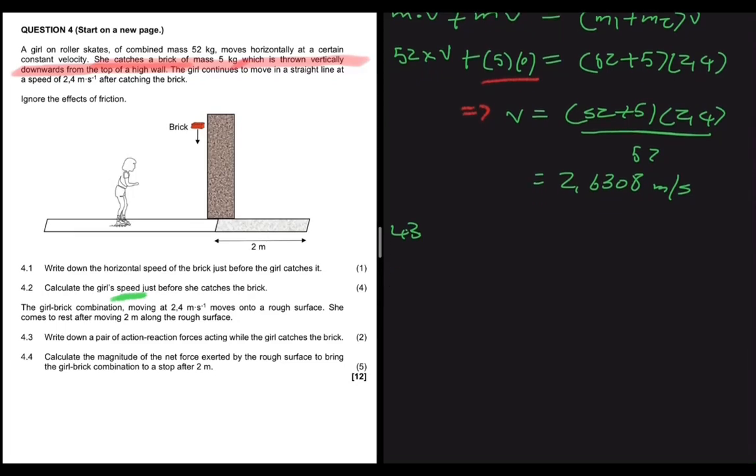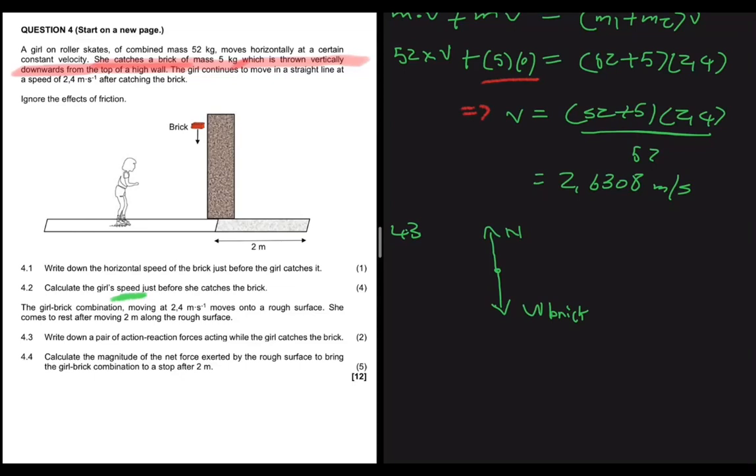So when the girl catches the brick, we're going to have the weight of the brick, and then a force opposing the weight of the brick. That will be the normal force of the girl's hands, because the brick is going to lay on the girl's hands.